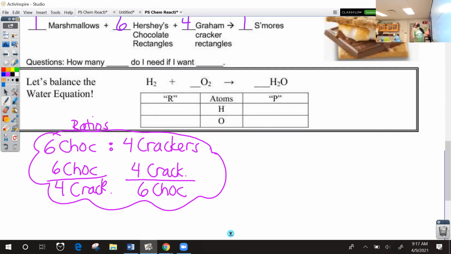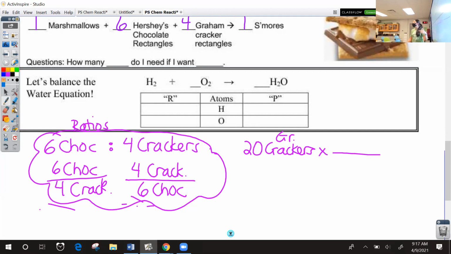For example, let's say that I told you that you had 20 graham crackers and you wanted to know how many pieces of chocolate you needed in order to make as many s'mores as you could with the 20 graham crackers. You want to use up all your graham crackers. Bless you. So I want to use up all the graham crackers that I have. So I'm going to throw one of these ratios into a multiplication.